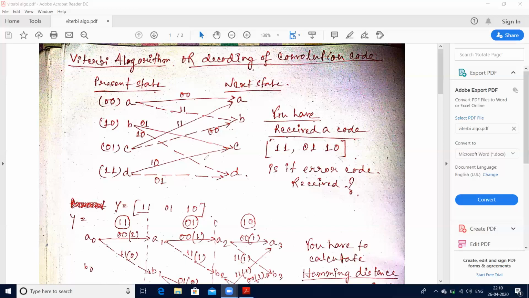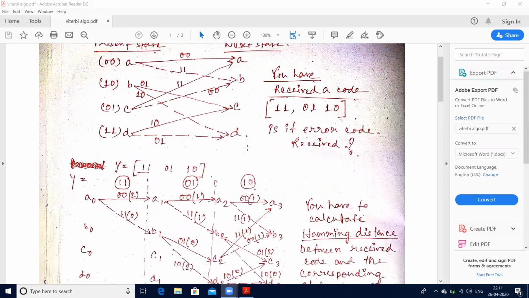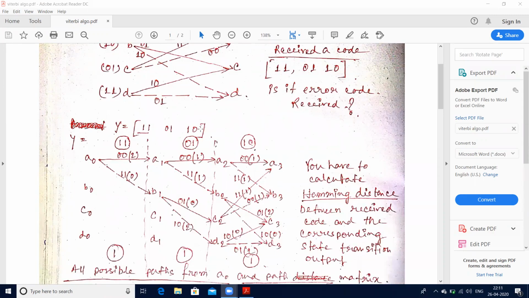How? First of all, you have to know what the Hamming distance is. You already know this from the code block technique, and I've already told you what the Hamming distance is. Suppose 1, 1, 1 is given, any random binary bits, and another bit sequence 1, 0, 1 is given.